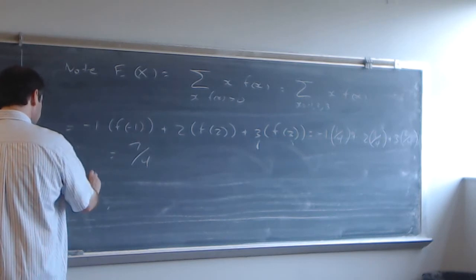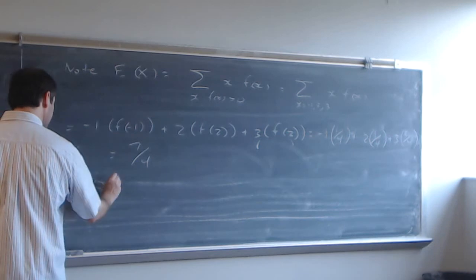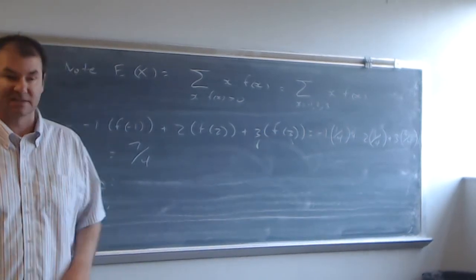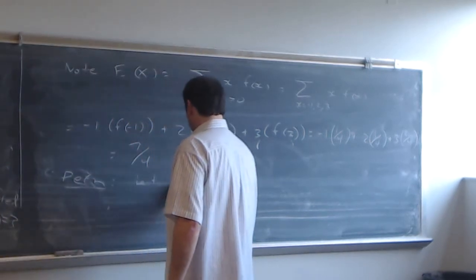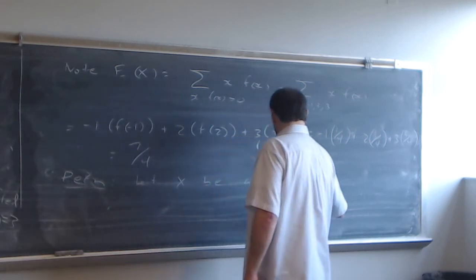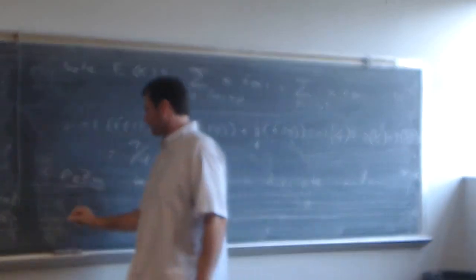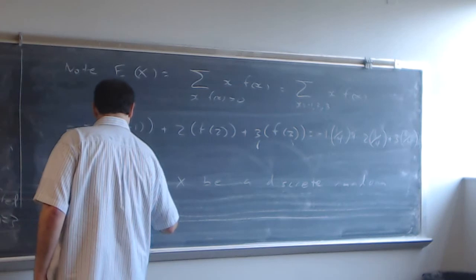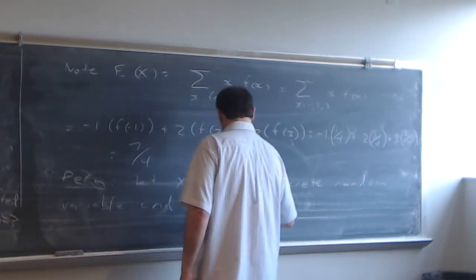Well, I kind of told a story. Let me write this down as a definition. The story that I said was we were going to quit after I did this example, but really, we're going to extend it by one more definition and example. So we're going to say, let X be a discrete random variable, and g of x be a function of x.